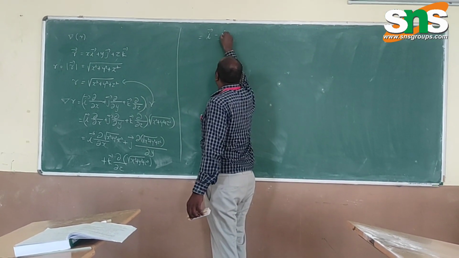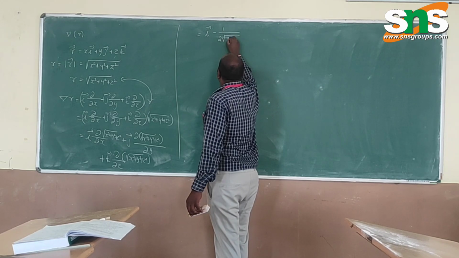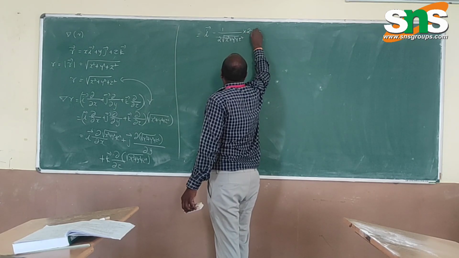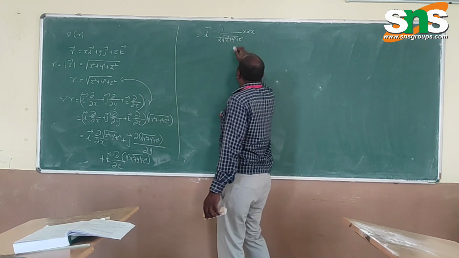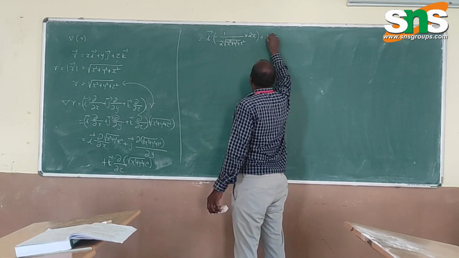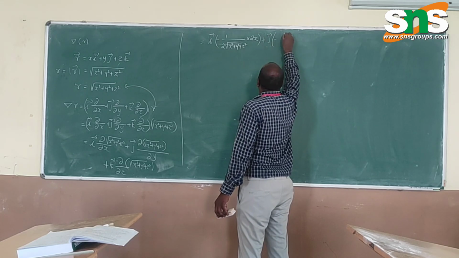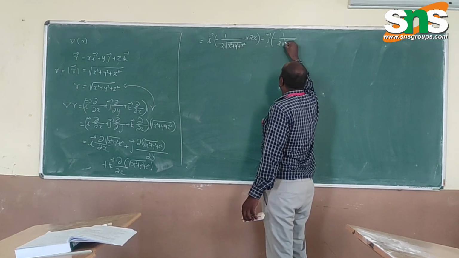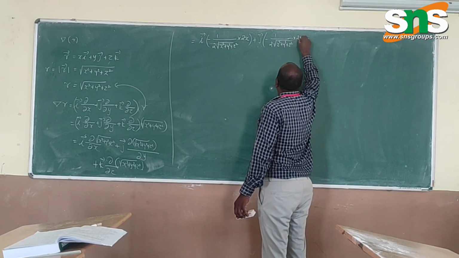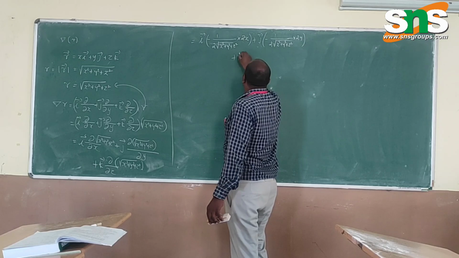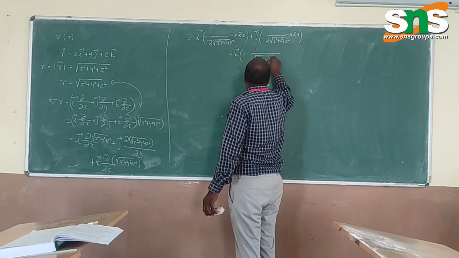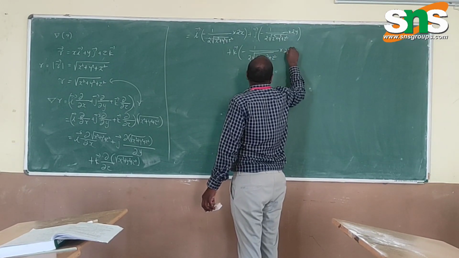I vector into 1 by 2 into root of x square plus y square plus z square into 2x, the next one is plus j vector into 1 by 2 into root of x square plus y square plus z square into 2y, plus k vector into 1 divided by 2 into root of x square plus y square plus z square into 2z.